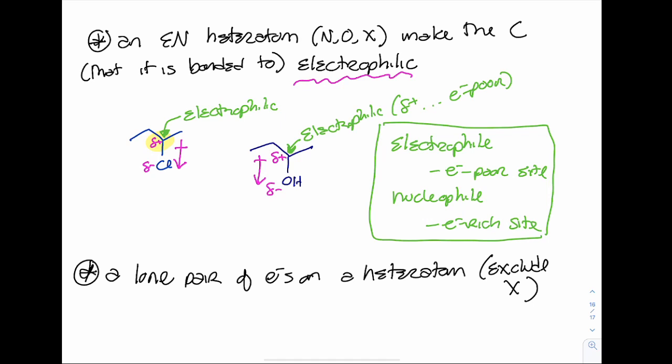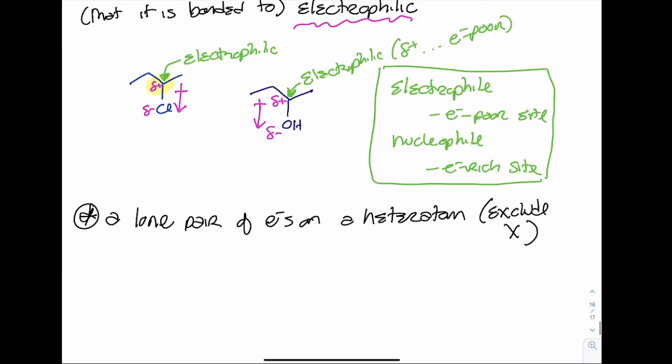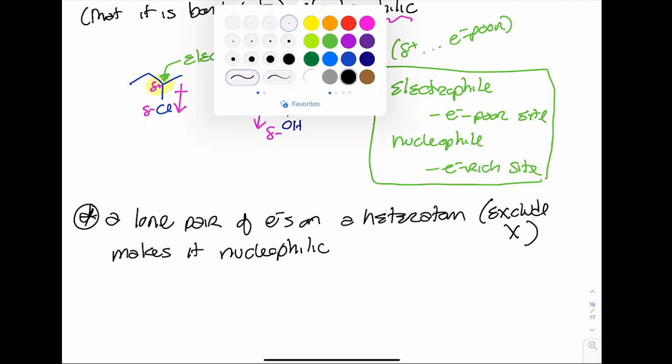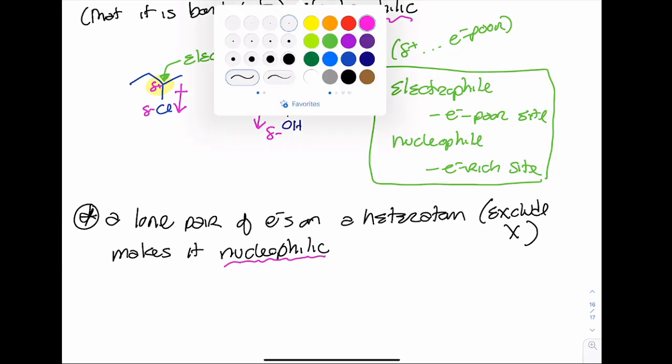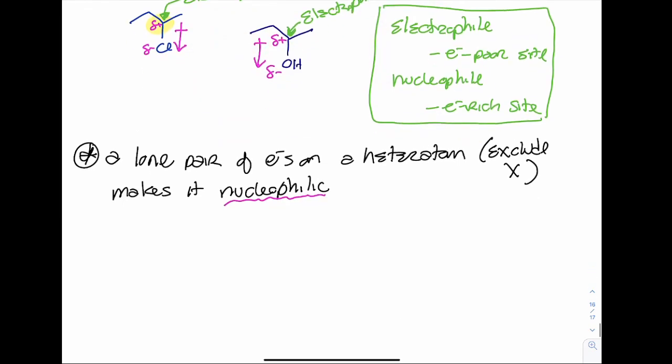Remember, X is our abbreviation for halogens. So a lone pair on a heteroatom makes it nucleophilic, our electron-rich site. If I look at an ether functional group, I have some lone pairs on that oxygen. Those lone pairs are nucleophilic.